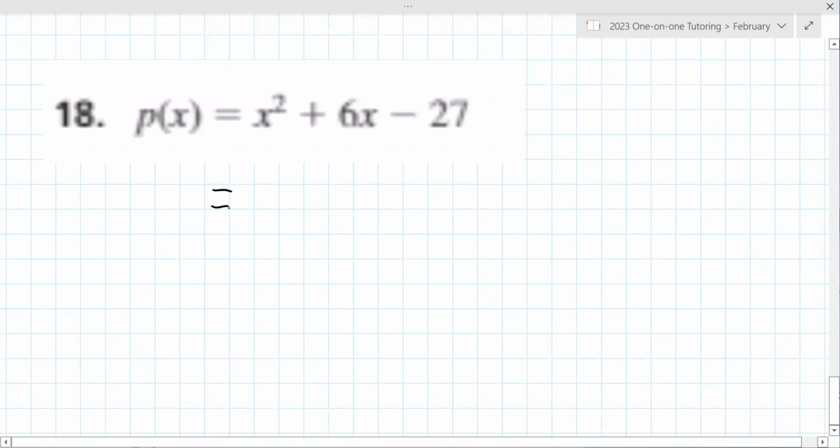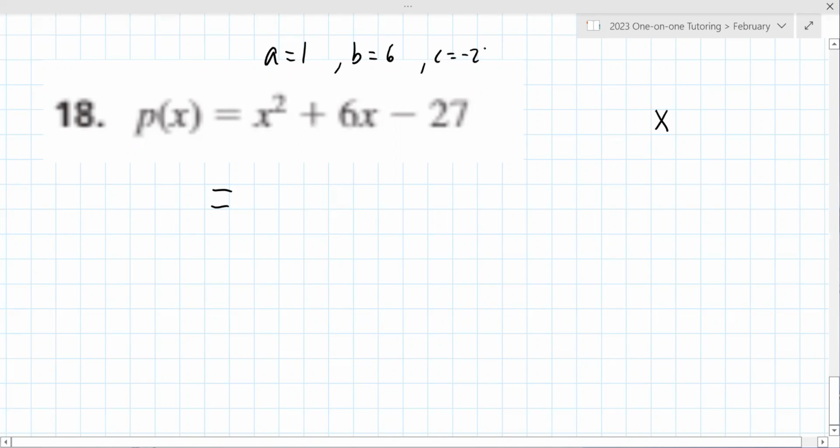So you've got to factor this: two numbers that multiply to negative 27 but add up to 6. Now this is in standard form, right? And I would still factor it if you can. You could use a equals, but if it factors, you should factor it.